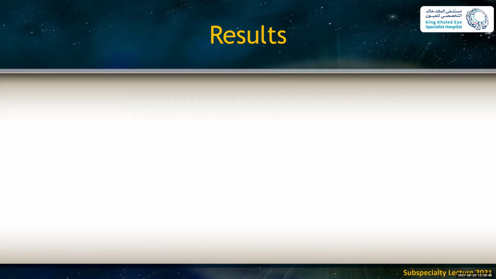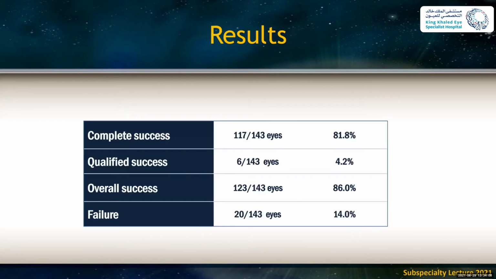So the complete success was achieved in this study in 117 out of 134, that means almost 82%, with a minimum follow-up of 6 months and maximum follow-up of 10 years. To my knowledge, there's nothing greater achieved in our area with such a success rate, and the overall success rate is 86%.